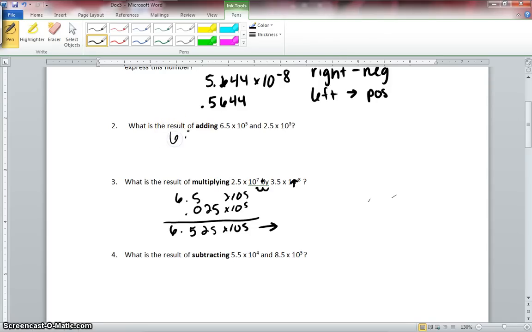So we have 6.5 times 10 to the 5th, and we have 0.025 times 10 to the 5th. So this would be 6.525 times 10 to the 5th. Okay, so what I was going at is that we only have 2 sig figs here and 2 sig figs here, so our answer should only have 2 significant figures.